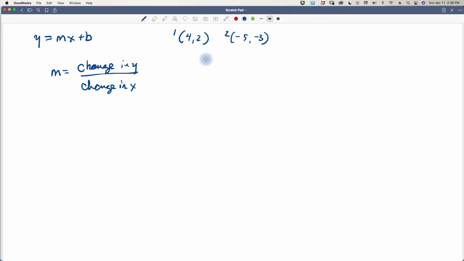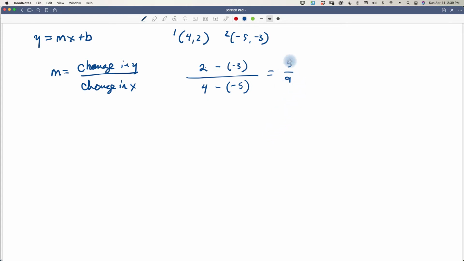We'll say the y value of point 1 minus the y value of point 2, over the x value of point 1 minus the x value of point 2. That's going to equal 5/9, right?